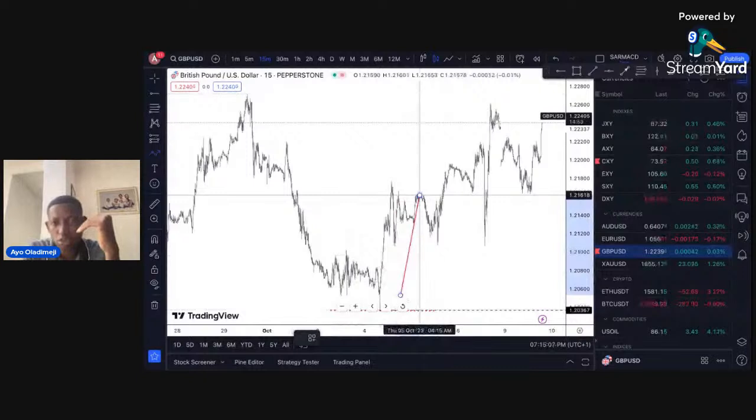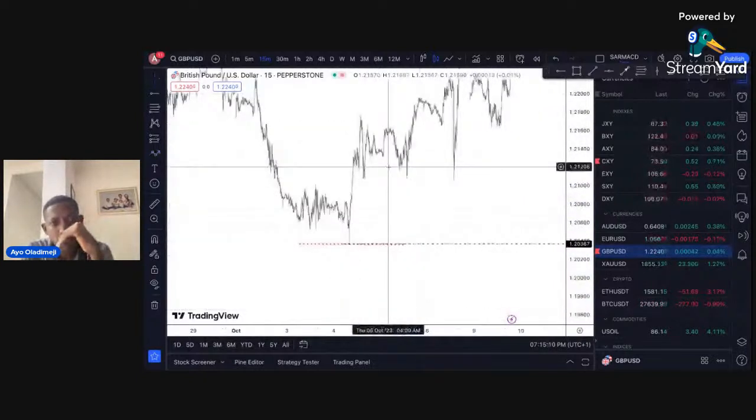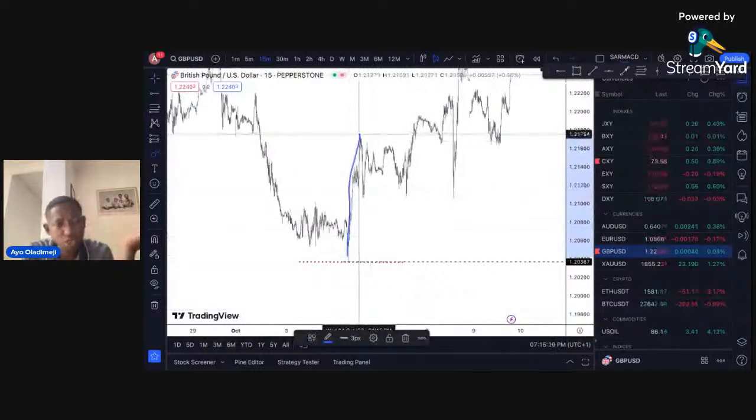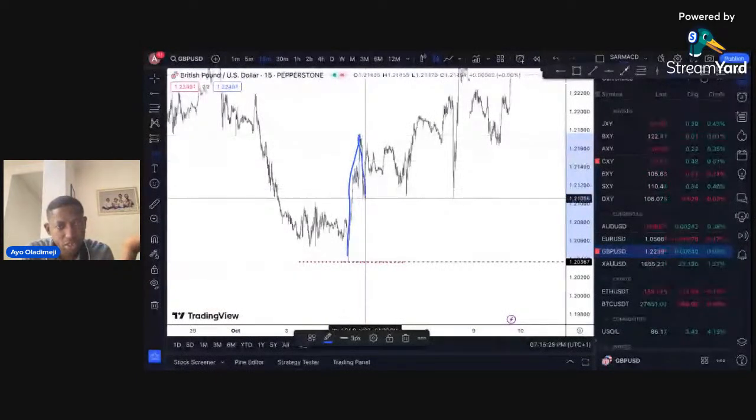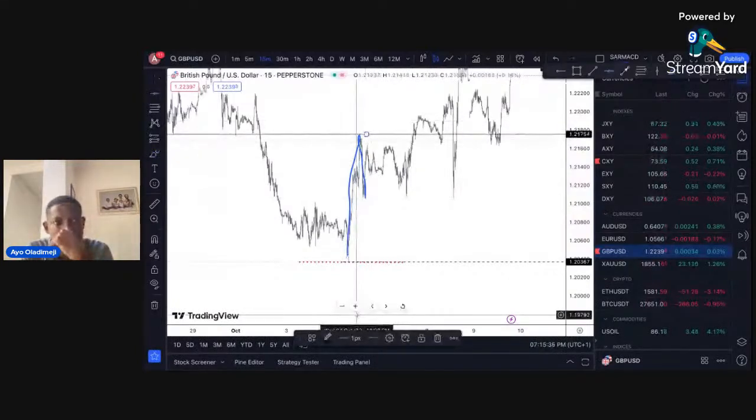So now we look at here. Price went up, and then somewhere in this area it reacted, and we can see that price started coming down. Why was there a reaction here? Because there is resistance.